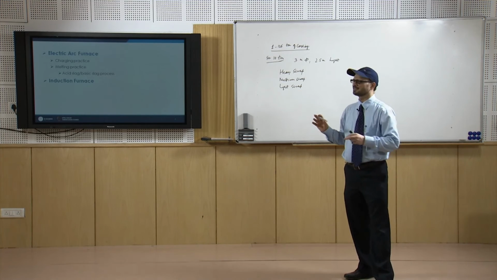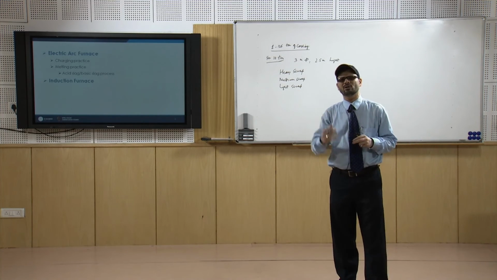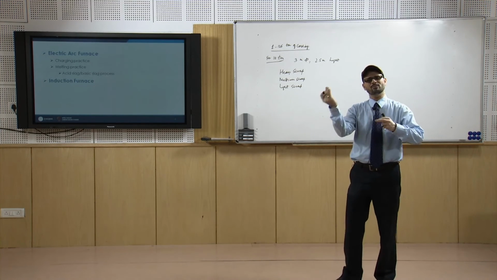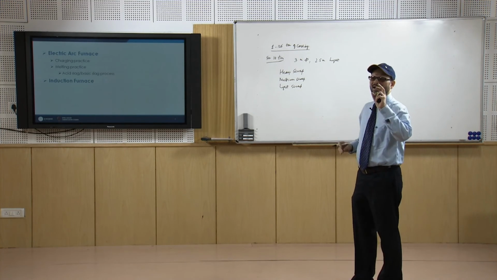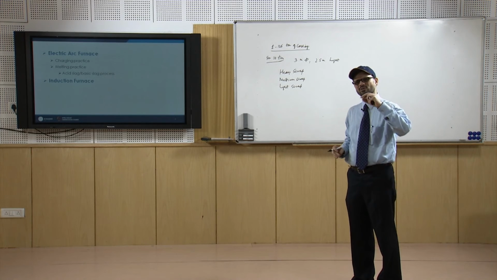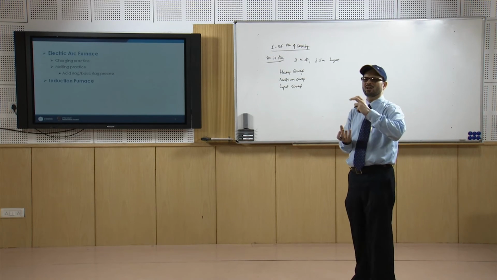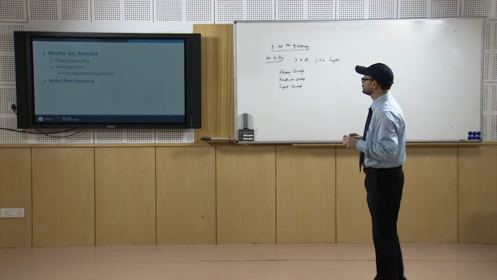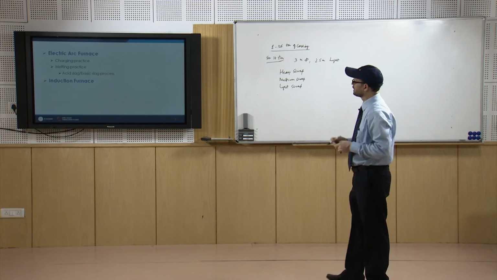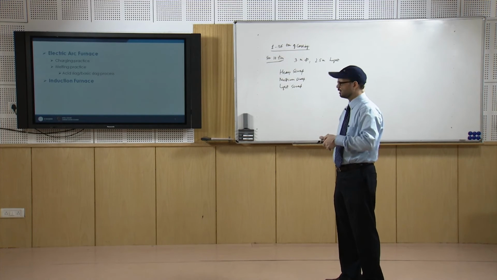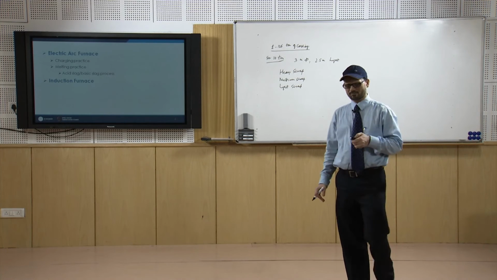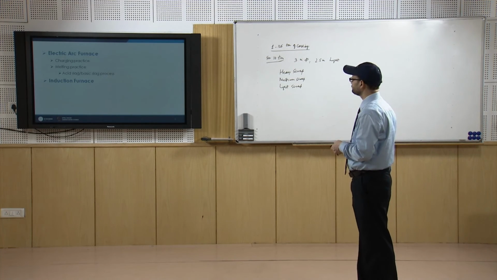Coreless is used for ferrous materials and core type is normally used for non-ferrous materials, where the core is inserted in the metal bath. That is how it produces the eddy currents. So, that is how you have the varieties of coreless and core type induction furnaces.